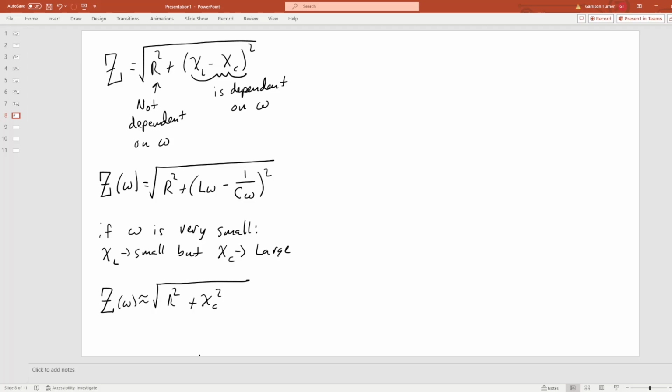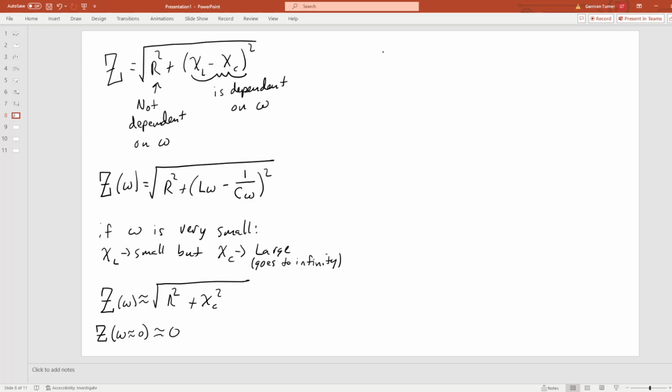So if omega is small enough, then this goes to infinity. So therefore, Z of omega for omega approximately 0 is very large.